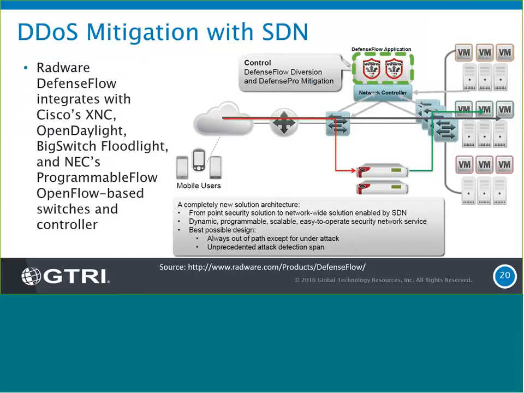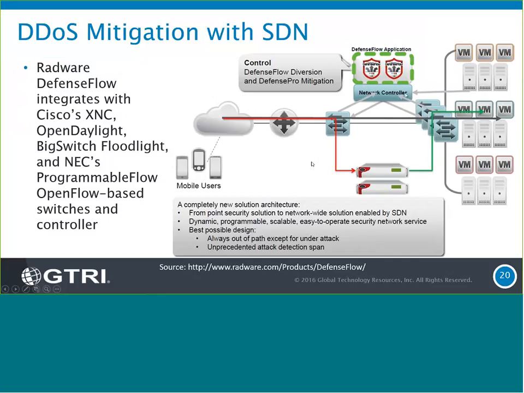The way this works is you see normal traffic going from the end users here on the left over to the virtual machines on the right. We pass the traffic through this DDoS mitigation system, this Radware Defense Flow system, and it can scrub out the bad traffic. It can then talk to the controller northbound and say, hey, I've identified this bad traffic.